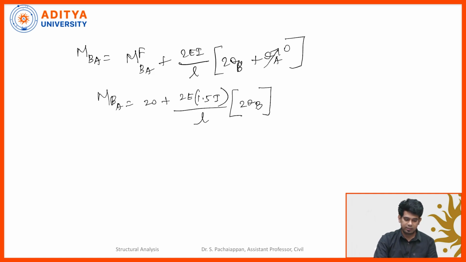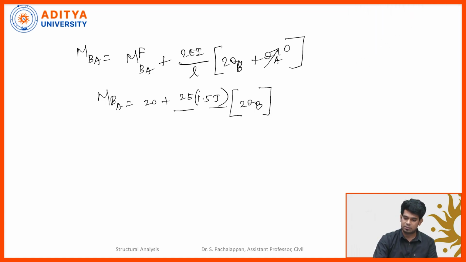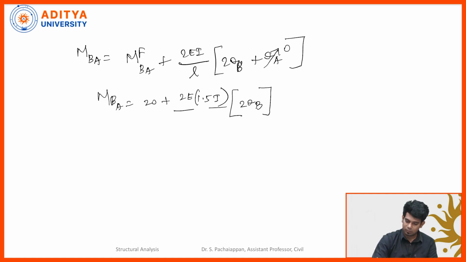So let's simplify this. Just substitute the value of L also, I forgot to include it. So divided by 6.